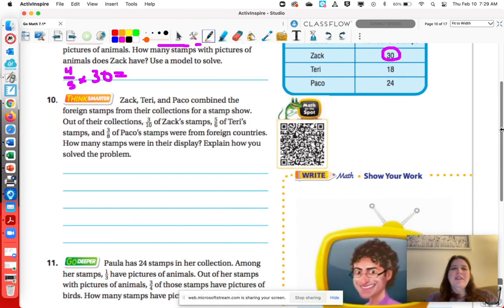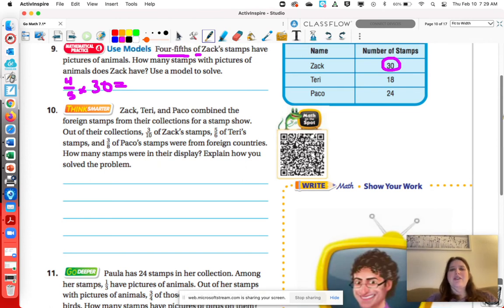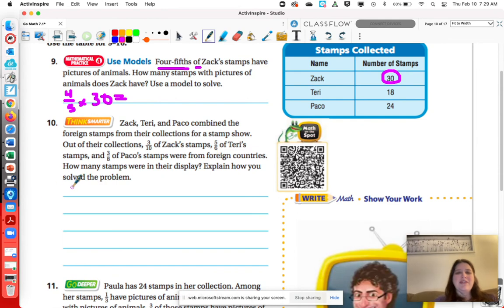Zach, Tara, and Paco combine the foreign stamps from their collection for a stamp show. Out of their collection, 3/10 of Zach's stamps, 5/6 of Terry's stamps, and 3/8 of Paco's stamps are for foreign countries. How many stamps were in their display? And explain how you solve the problem. So I need to find 3/10 of Zach's.